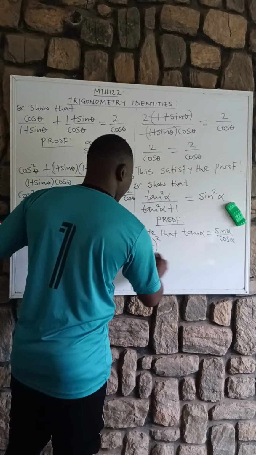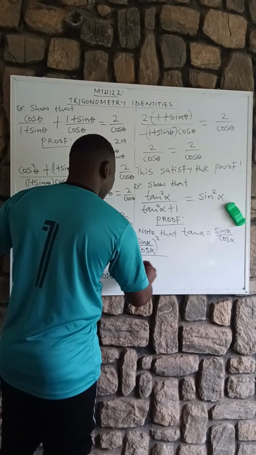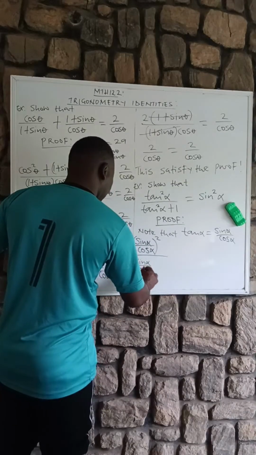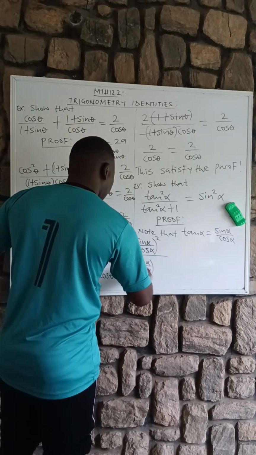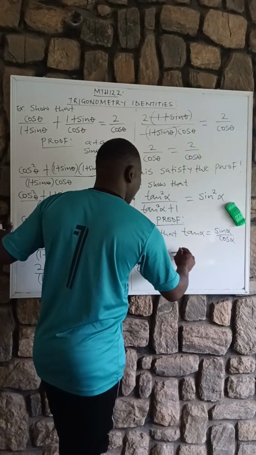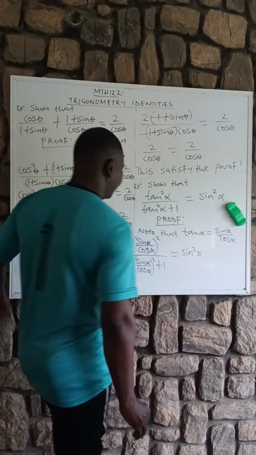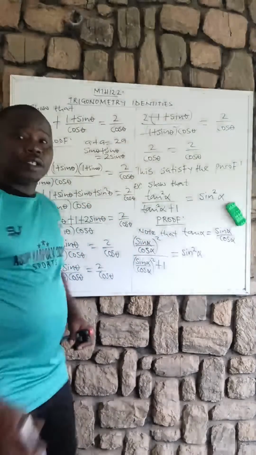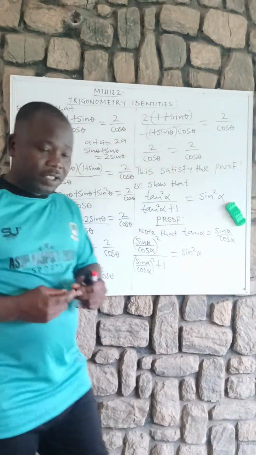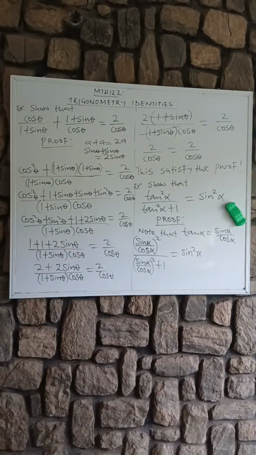Then all over (sin alpha all over cos alpha) all in square plus 1 equals to sin square alpha. Do you agree with me up to this point? Please look at the board, everybody.